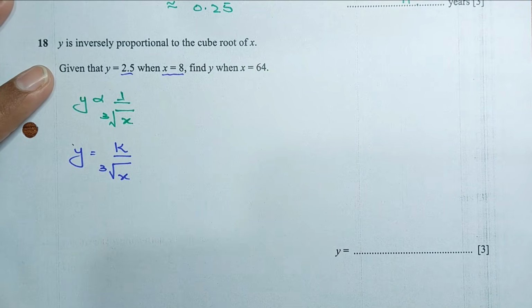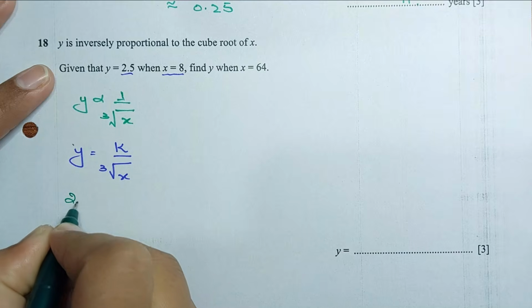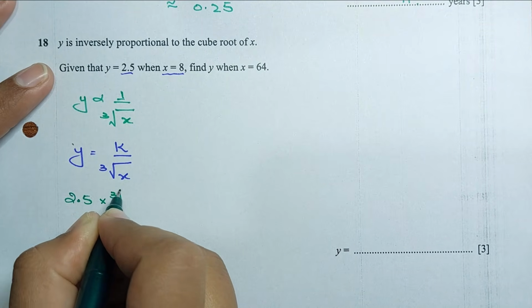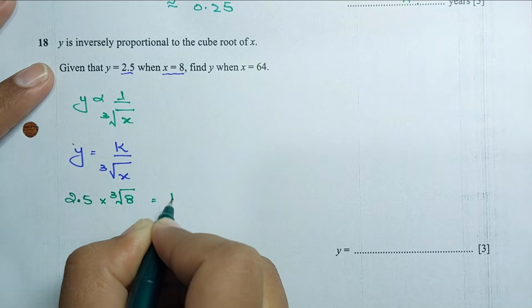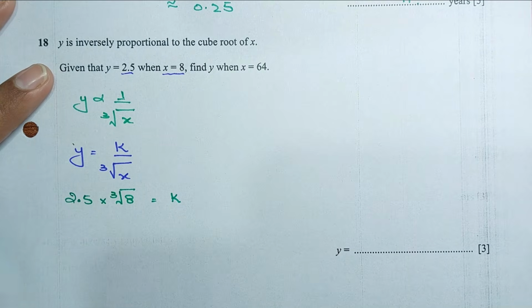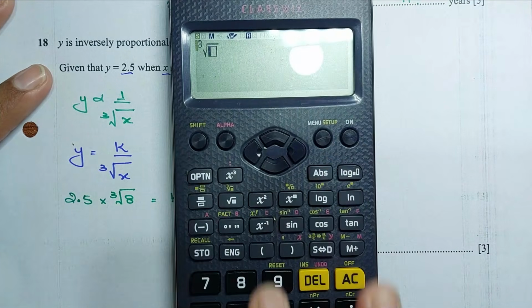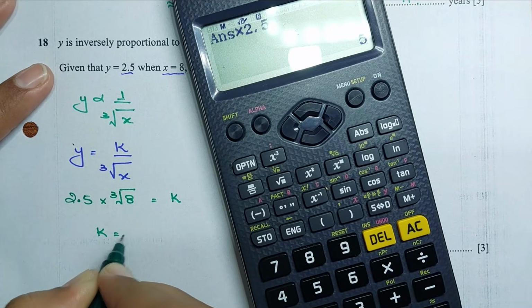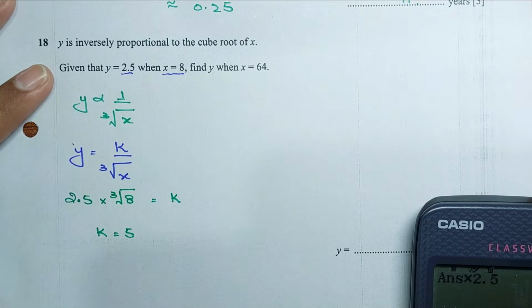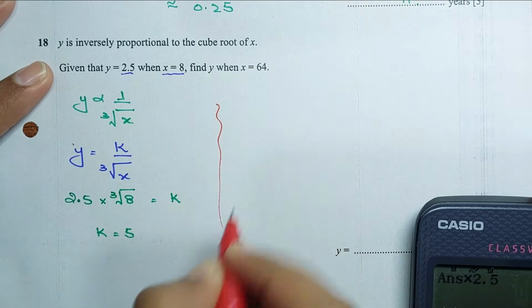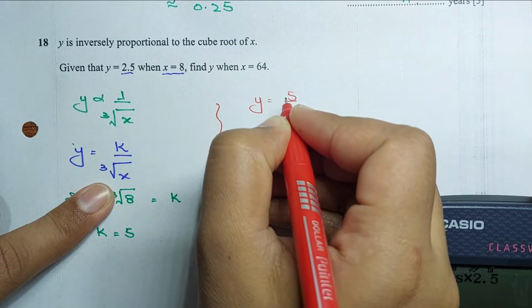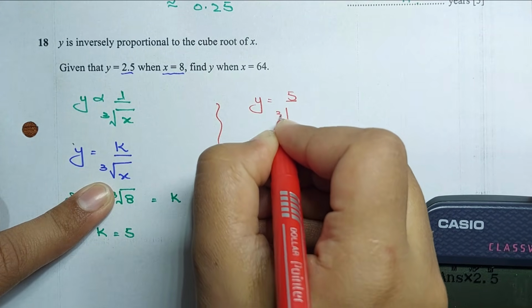Okay, let me solve for k. y is 2.5, equals k over the cube root of x, which is 8. Let me solve for k from here. So we have the cube root of 8, that is 2, times 2.5, that is equal to 5. It means k is equal to 5. So we have the equation y equals 5 over the cube root of x.